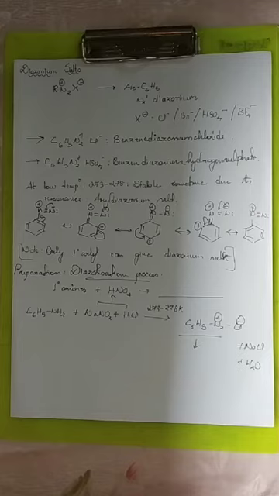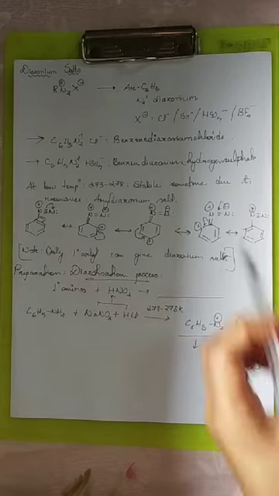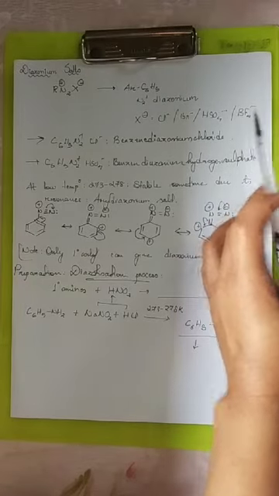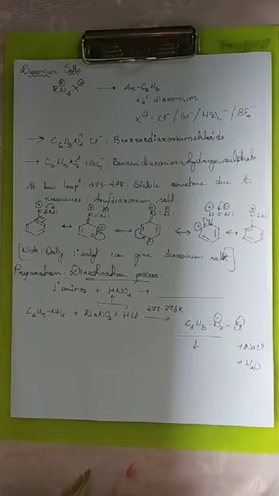Benzene diazonium fluoroborate is water insoluble and stable at room temperature. The other diazonium salts are all soluble in water, but benzene diazonium fluoroborate is water insoluble and stable at room temperature.